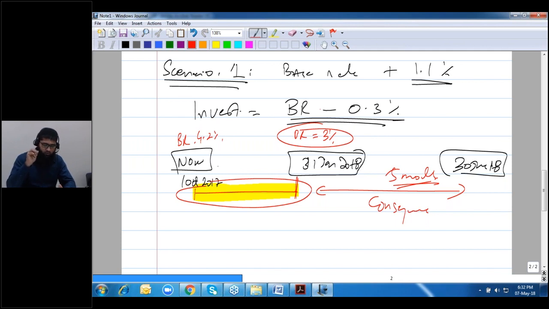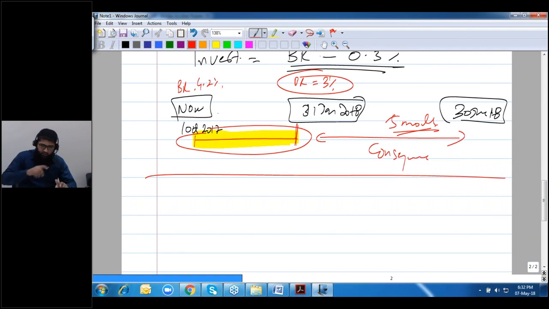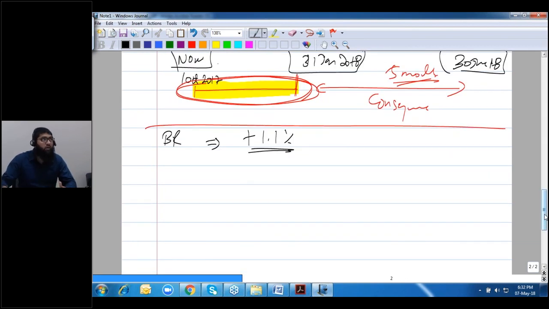So if you are talking about FRA, you need to understand that the risk is only for this specific period. The risk is not for any other period. Now assume that the base rate increases by 1.1%.